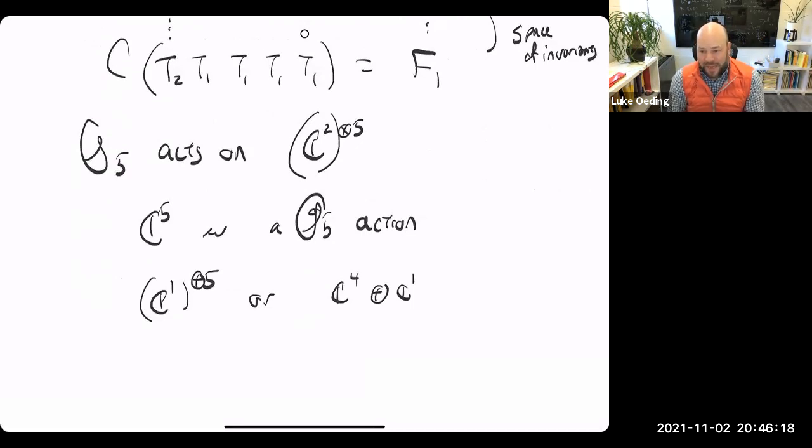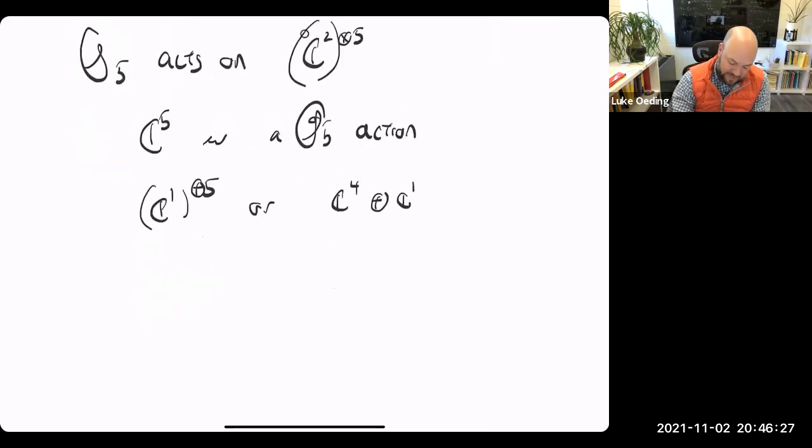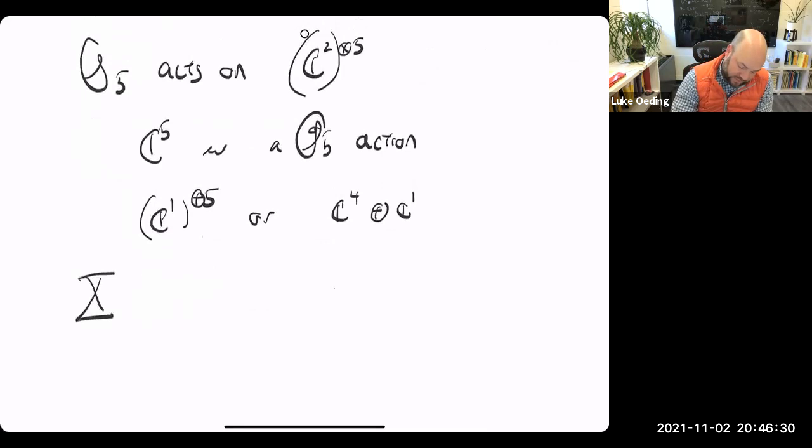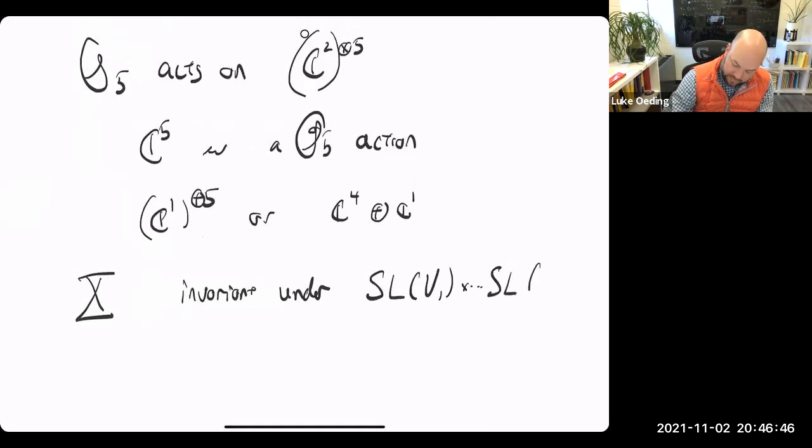I think we often forget that we have this extra copy of S5 acting, and that when I'm looking at a variety that's invariant under the full group, so I have this variety, suppose X is invariant under SL V1 cross SL V5 cross S5.